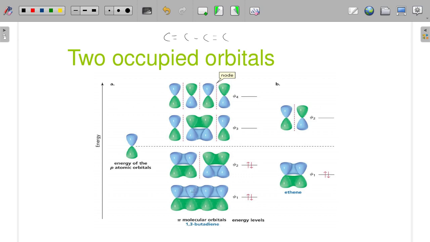The lowest one acts like one whole system that treats all the carbons kind of the same, and the next higher one has a single node in it. It turns out this has the 2 and 3 positions acting like a double bond, while this one acts more like a single bond. But the fact that this exists is why that bond got shorter. It is simply shorter because of the nature of a pi bond when it's all in phase with each other.